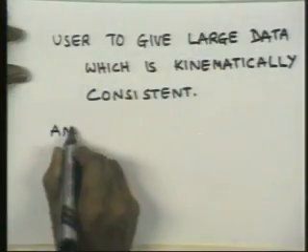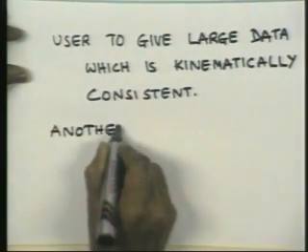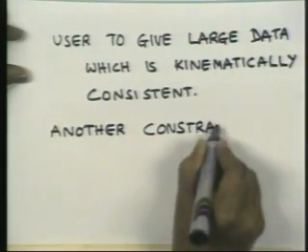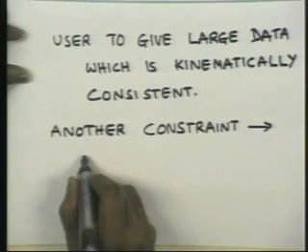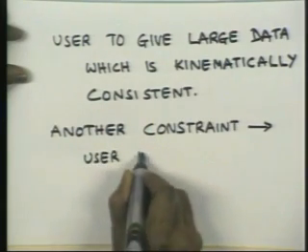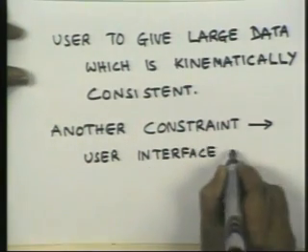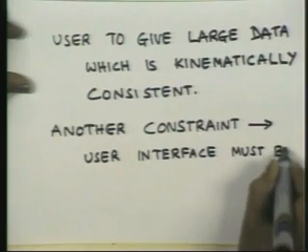So, in terms of user interface, we look at trajectory planning from another angle, and we add another constraint, so to say, which says that the user interface should be simple. Okay. So, another constraint from the interface point of view is that the user interface must be simple.